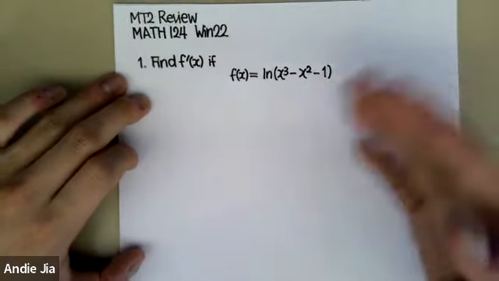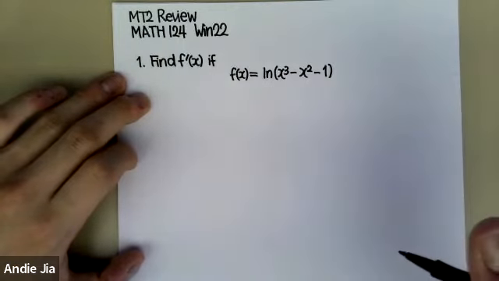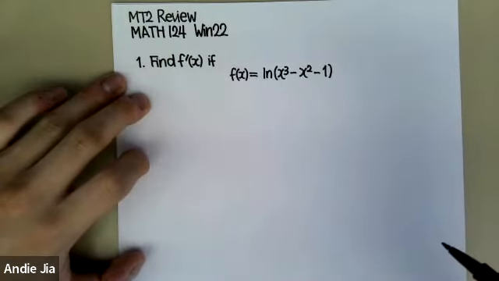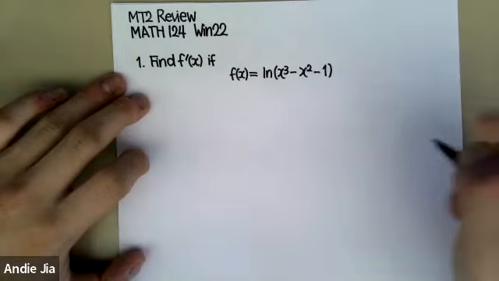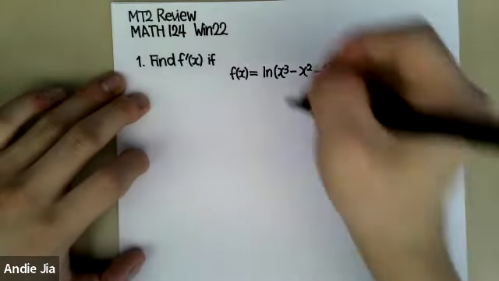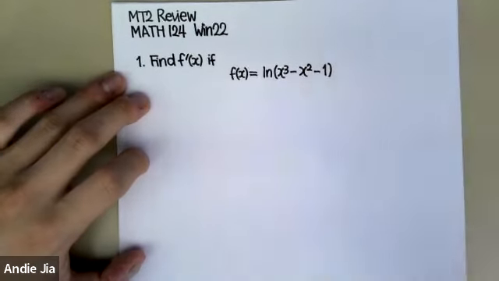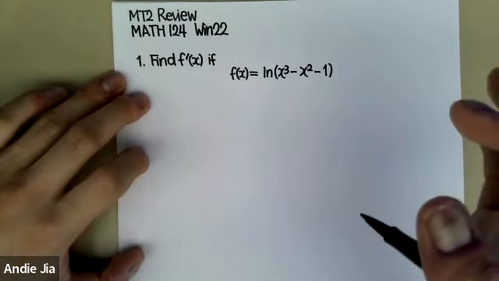I think now you understand what logarithmic differentiation is. You know the derivative of natural log, but this is a composite function: natural log of x cubed minus x squared minus 1. Then you will think you need to use the chain rule.